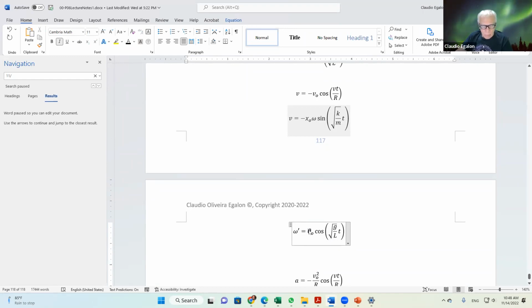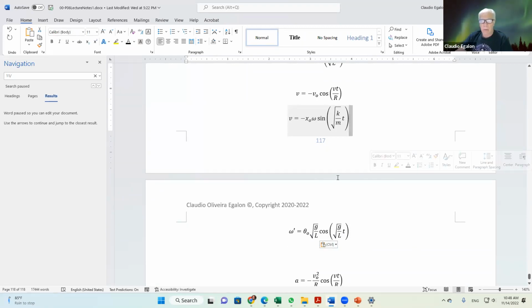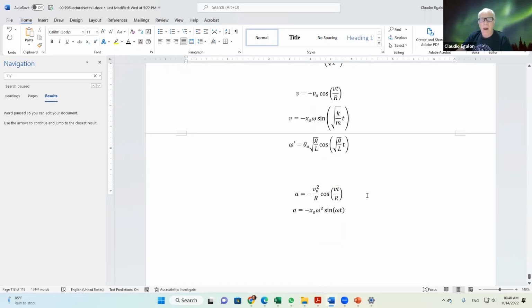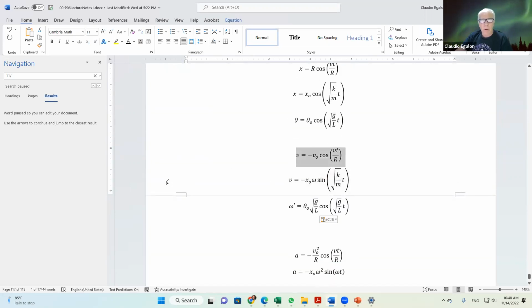That's going to be something like that. That theta naught is the initial angle of oscillation. Okay, those are the equations of motion for a uniform circular motion, a simple harmonic motion, mass attached to a spring, and here for a simple pendulum.